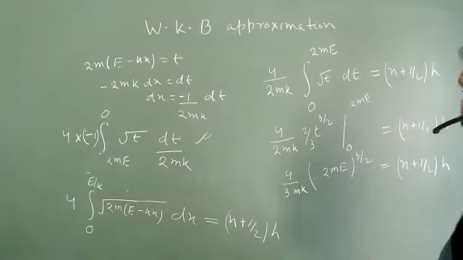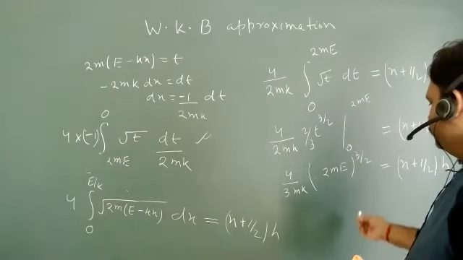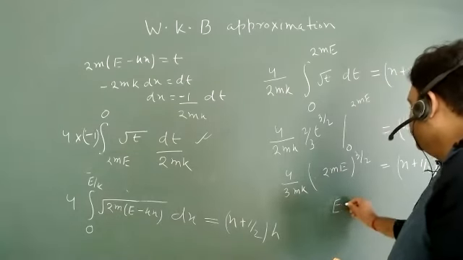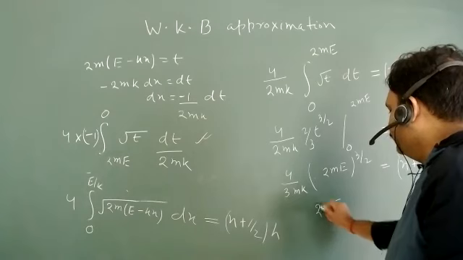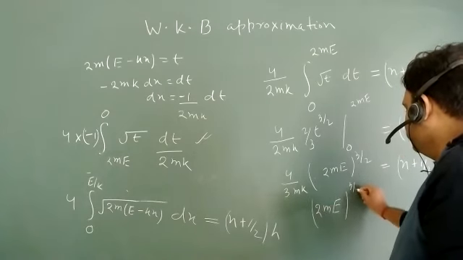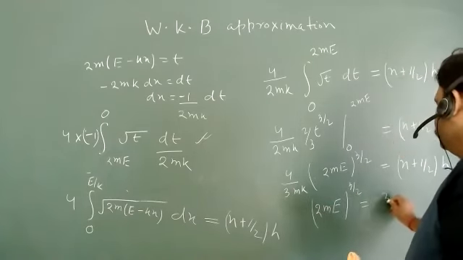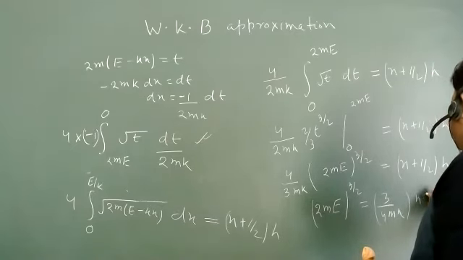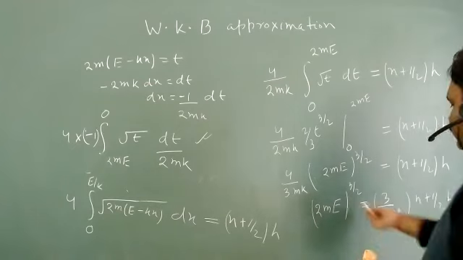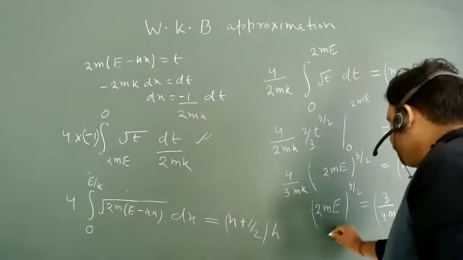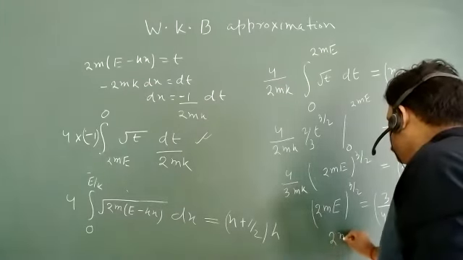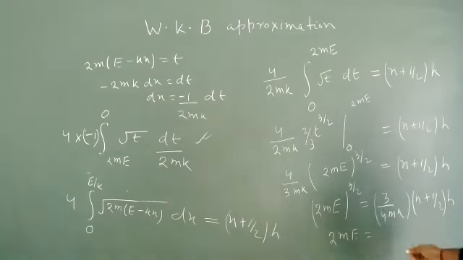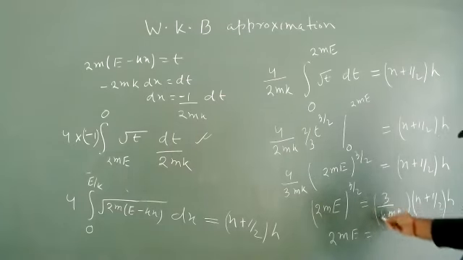So yes, what will be my value of energy? You can have energy, or you can write (2m)^(3/2) E^(3/2) is equal to 3 by 4mk into n plus half h, and here 2mE is equal to, let's say this constant is alpha.